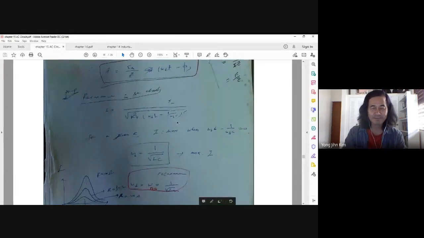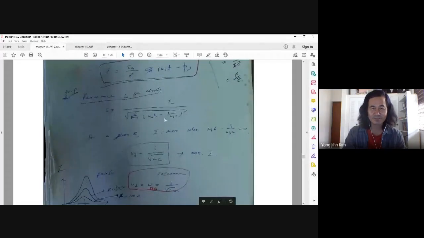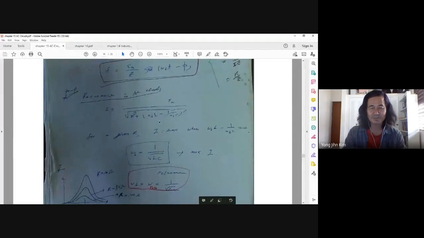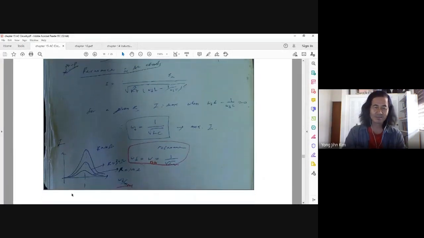So current amplitude depends on the frequency. If I draw the current amplitude as a function of angular frequency omega, we have a curve like this.